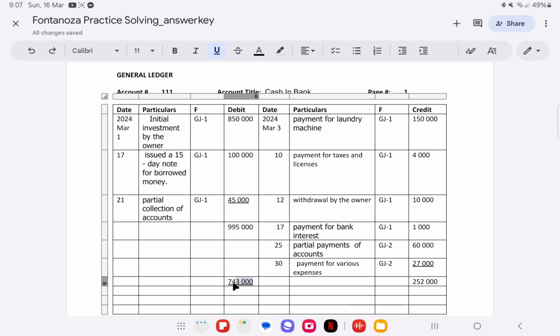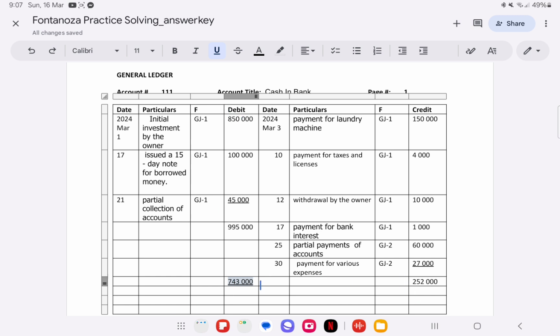Supposedly this is written here in the particulars, but I will place it here in the debit for us to determine easily if that accounting title is increasing or not. We can determine the normal balance by writing the total below the debit and the credit.